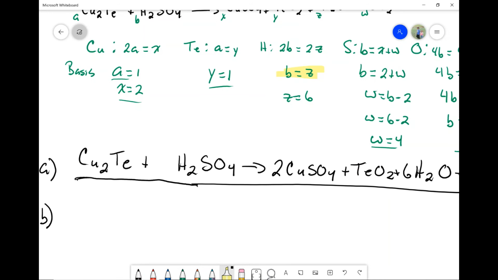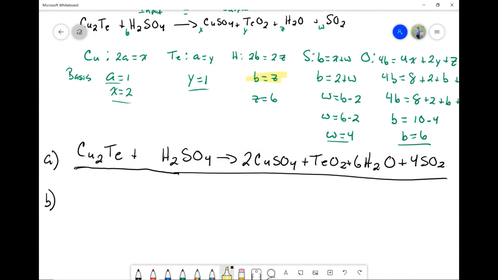When we have a chemical equation, the ratios are really molar ratios. So here, I lost my 6. Sorry, I must have erased it by accident. 6H2SO4. And so the ratio of copper telluride to sulfuric acid here is 1 to 6. That's the molar ratio.